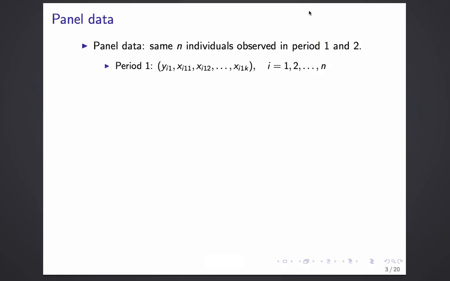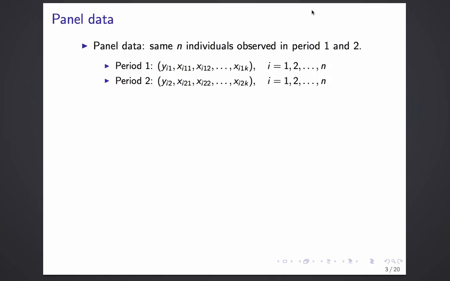The first subscript is i, meaning that we have different observations on y for different individuals in the first period, as indicated by the second subscript, the 1. Then the remaining elements in the parenthesis on the slide is just all my regressors. So here I imagine having k regressors in period 1, and they all vary across all i units.